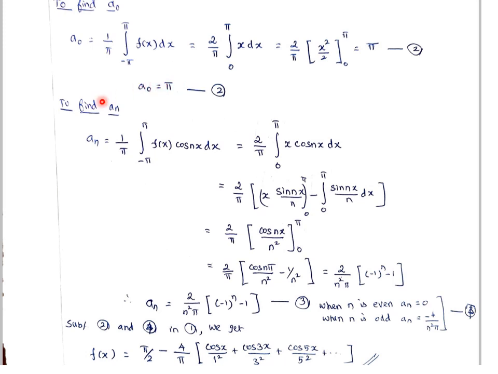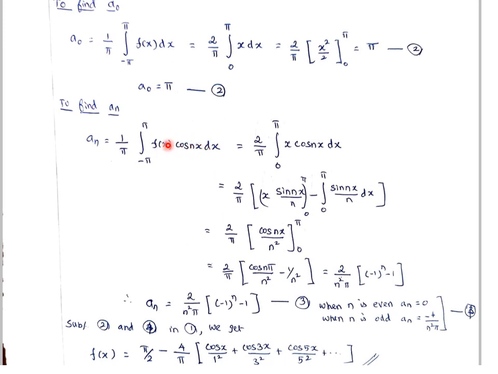Similarly, we have to find the Fourier coefficient an. What is the formula for finding an? An equal to 1 by pi integral minus pi to plus pi f of x cos nx dx. Here, the given function f of x is an even function. Already cos nx is an even function.